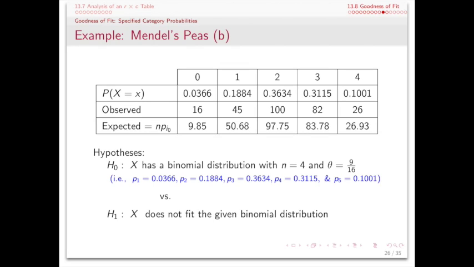Again, let's define our hypotheses. In this case, I'm going to be a little bit more general with my null hypothesis and just say that X has a binomial distribution with n equal to 4 and theta equal to 9/16. Parenthetically, I've written down those specified probabilities for each category, but here it's maybe not so necessary, versus the alternative that X does not fit the given binomial distribution.